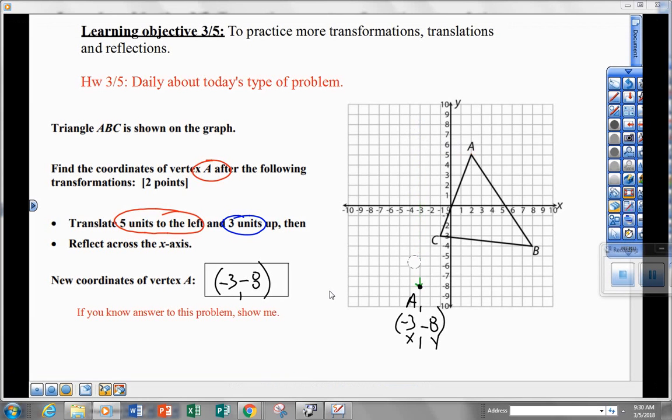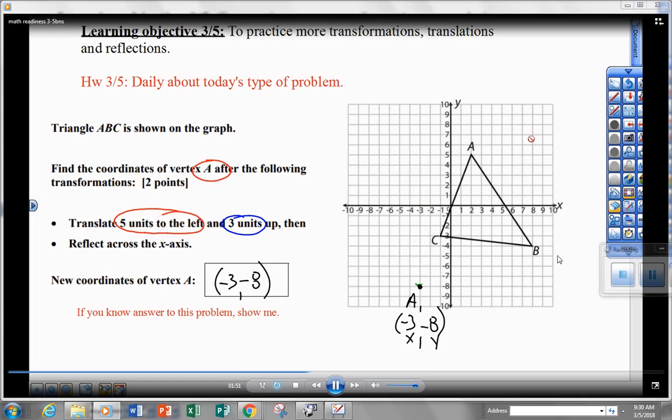about pre-image and image. So if I take point B and do the same 2 transformations, I'm going to translate it 5 to the left, 1, 2, 3, 4, 5, and then from there I'm going to move up 3, 1, 2, 3. I'm then going to take that point and reflect it across the x-axis, straight across.